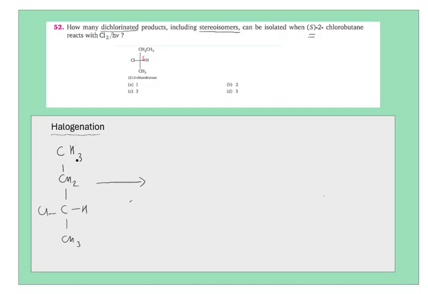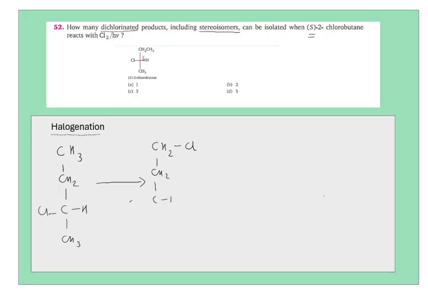Now, is this methyl and methyl symmetrical? No, they are not symmetrical because they are not attached to the same carbon, or at least a similar type of carbon. Here we have CH2 and here we have CH. Therefore, they are not symmetrical.